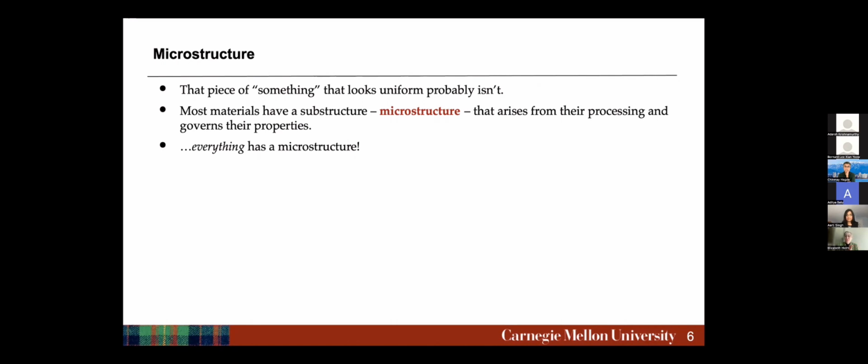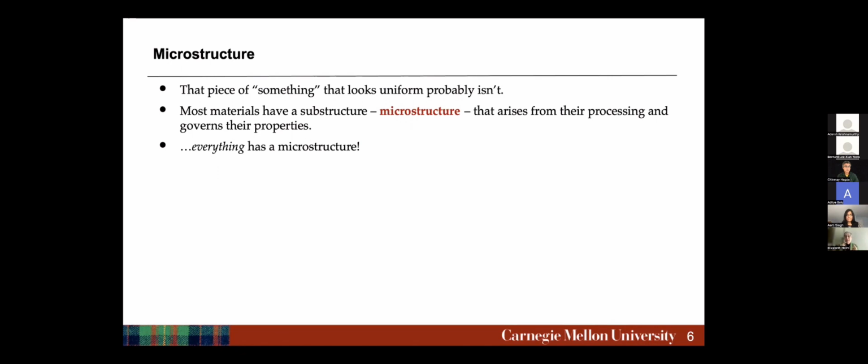And that something may look like it's uniform, may look like it's just kind of a blob, but it's probably not. If you were to look at the substructure of that material, and we call that substructure the microstructure, that's the structure usually below the visual length scale, but above the atomic length scale, you would find that there's structure there, that there's patterns.